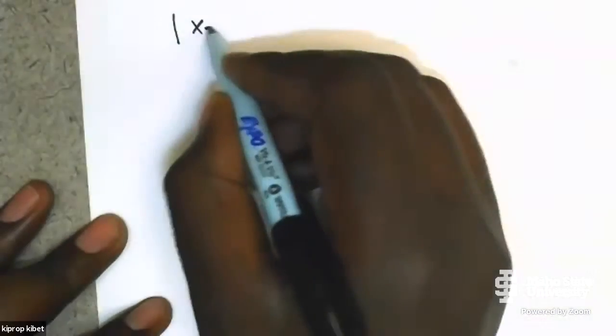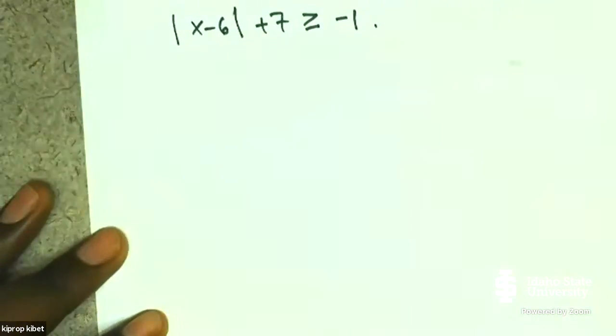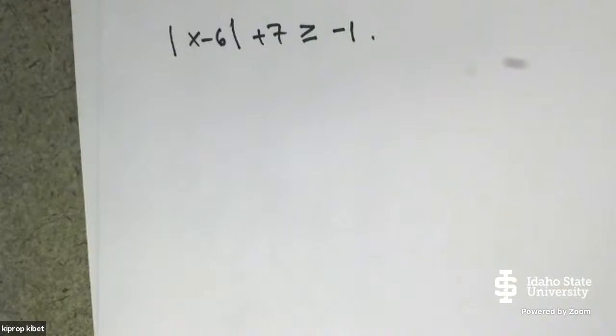Can you try this? The absolute value of x minus 6 plus 7 is greater than or equal to minus 1. If we take this on the other side, this one is greater than minus 8.